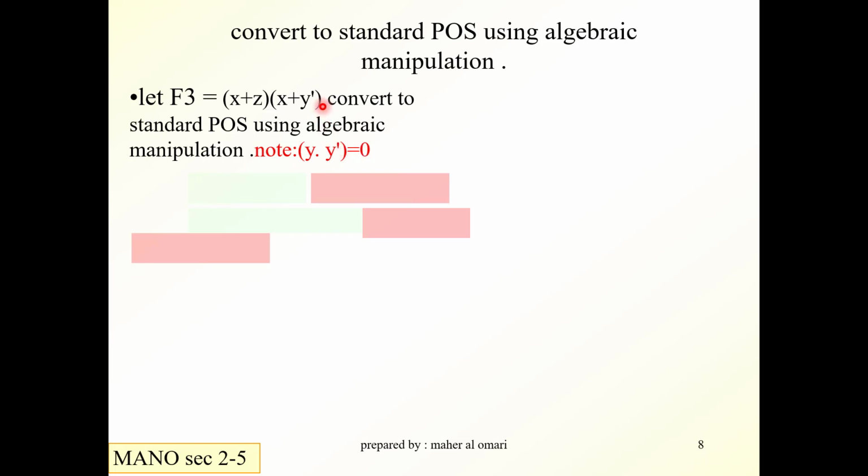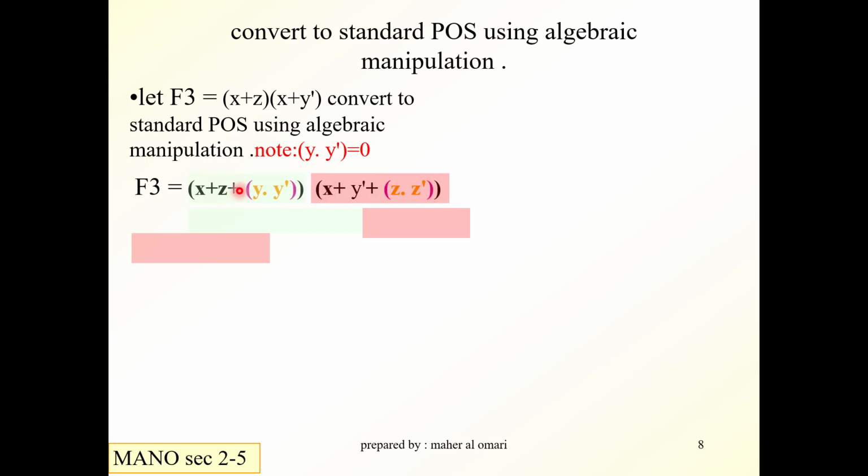So we can have F3 put this way. F3 is equal to this, ORed with 0, which is the missing literals. And this one here is ORed with z dot z bar, which is 0.